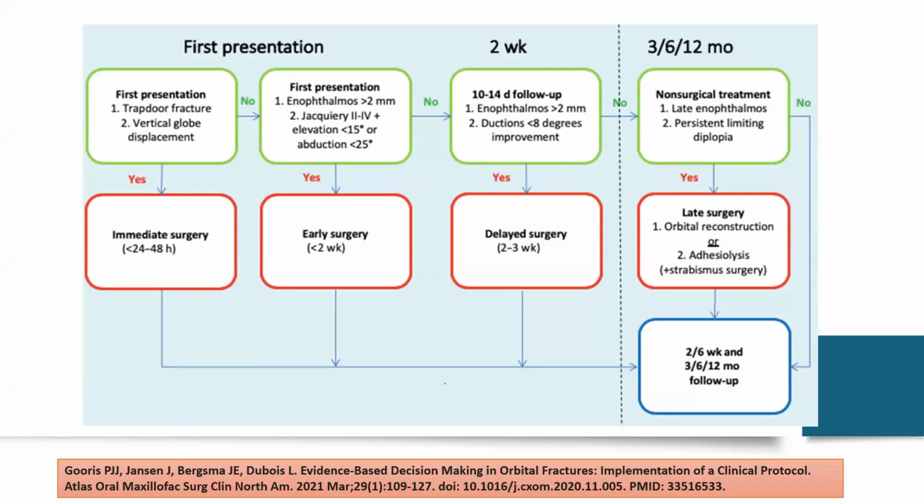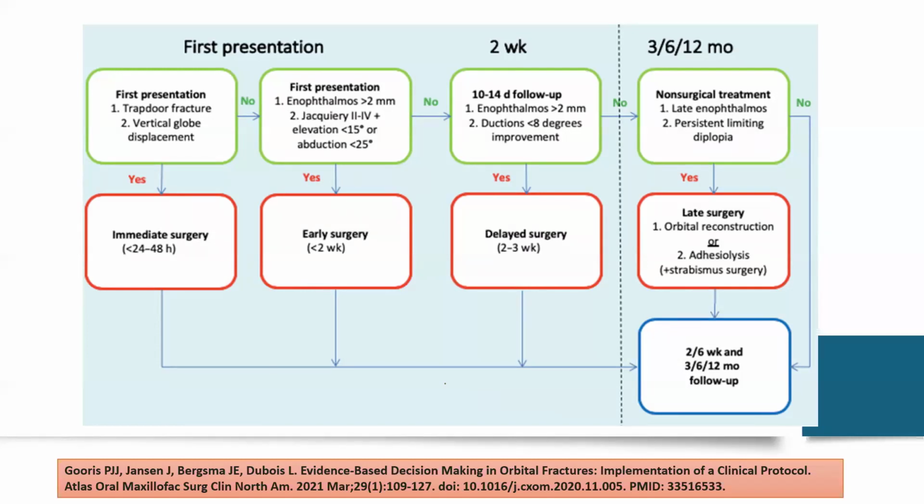So what kind of fracture needs immediate surgery? Trapdoor fracture. It is accepted worldwide that a trapdoor fracture is an emergency. At the same time, vertical globe displacement and other problems which can compromise vision also come under immediate surgery.